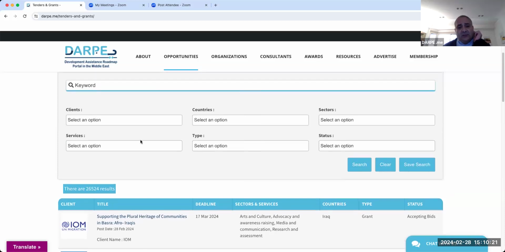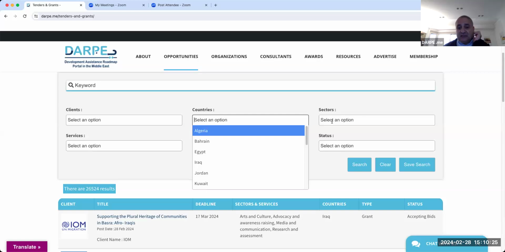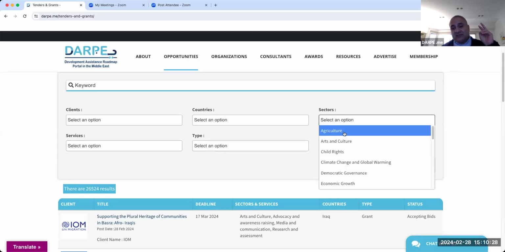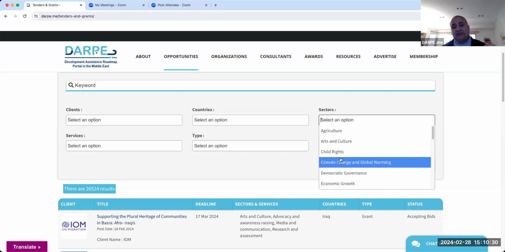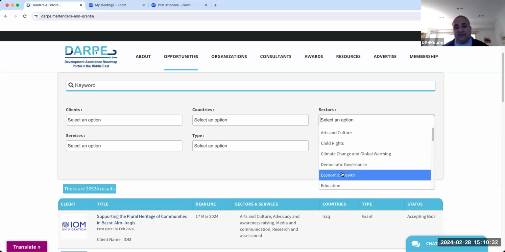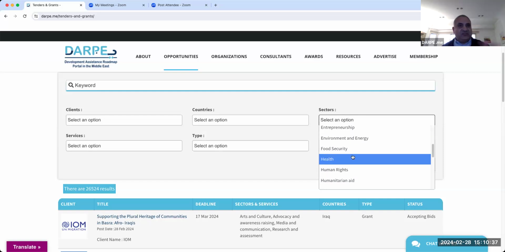And these are searchable by countries of the Middle East, by sectors such as agriculture, arts and culture, child rights, climate change, democratic governance, economic growth, education, entrepreneurship, food security, and so on. We have about 22 sectors, and we also have subsectors, so we can classify the data in more detail, so it's more searchable and you can get only what you need.